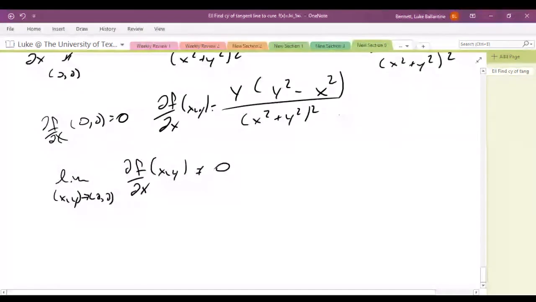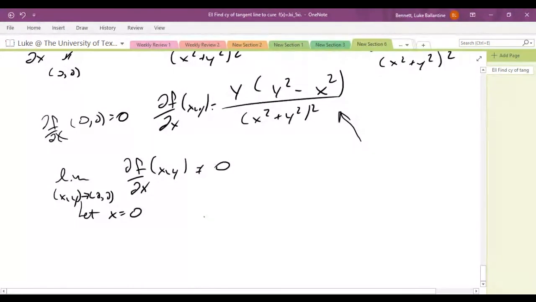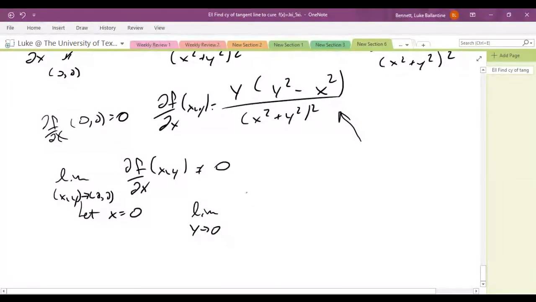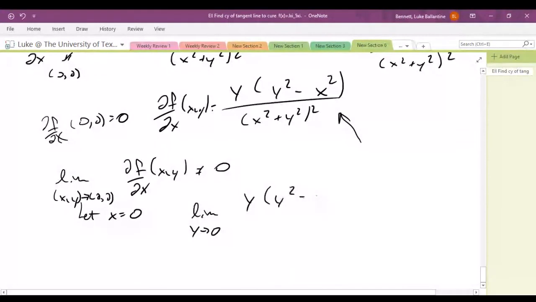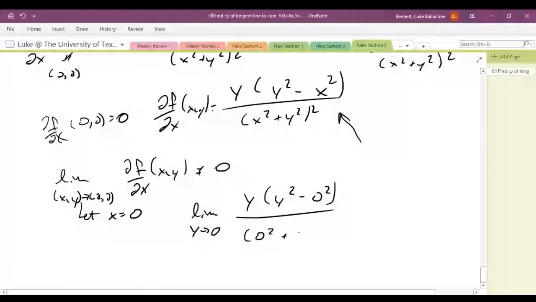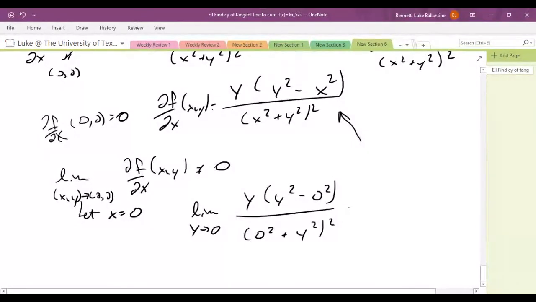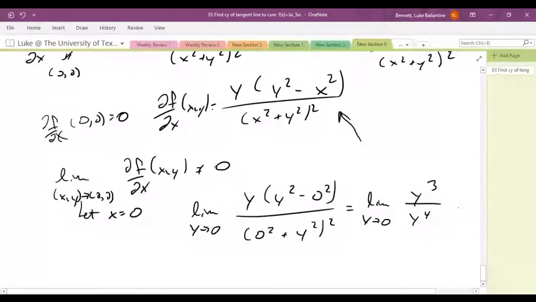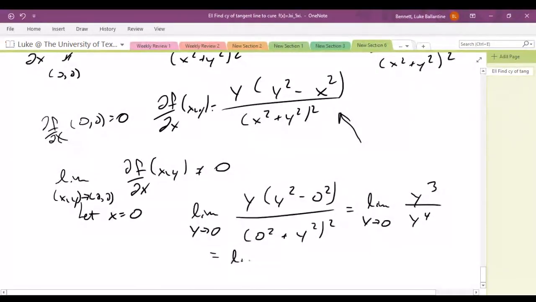So right here, we're going to let x equal 0. And so we have the limit as y approaches 0 of y times y squared minus 0 squared over 0 squared plus y squared, squared. This is equal to the limit as y approaches 0 of y cubed over y to the fourth.